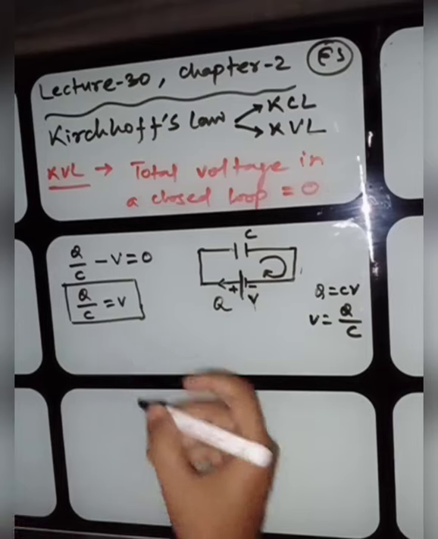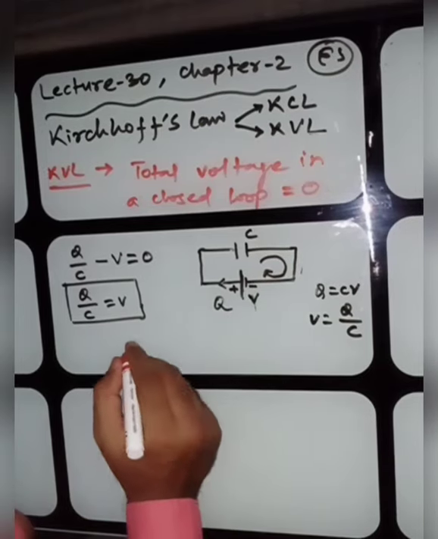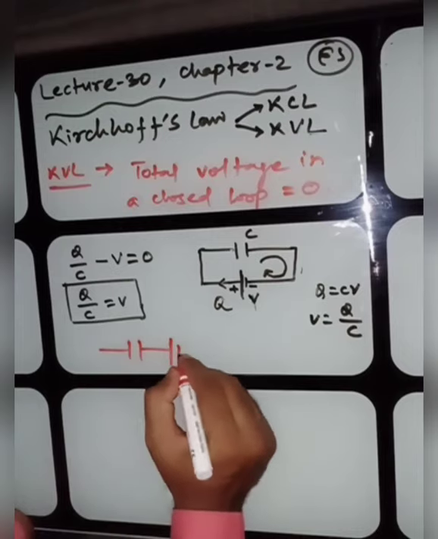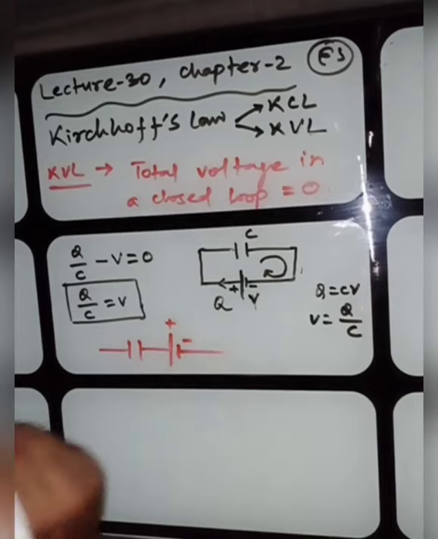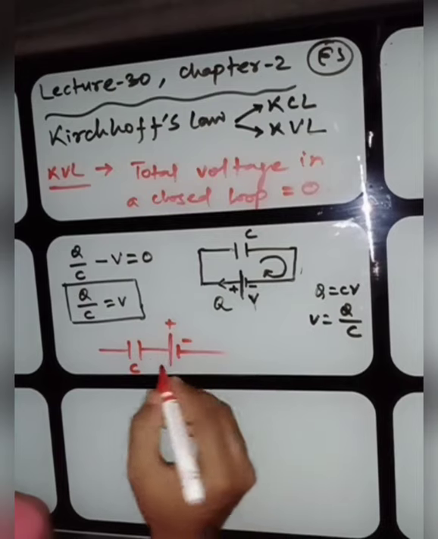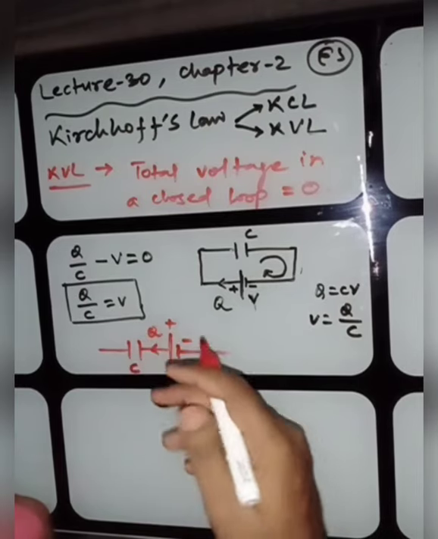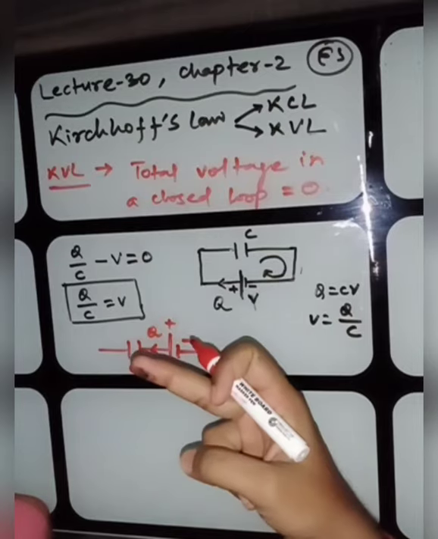Suppose we have a capacitor. This is the capacitor and this is the battery. This is the positive terminal and this is the negative terminal of the battery. If charge is moving in this direction, remember, it is not necessary that charge will always move in this direction from the positive terminal.